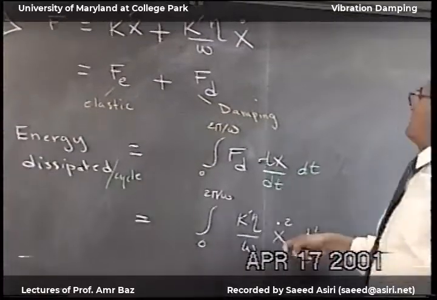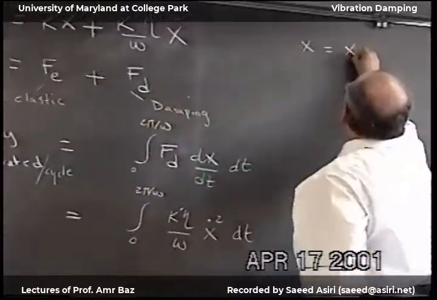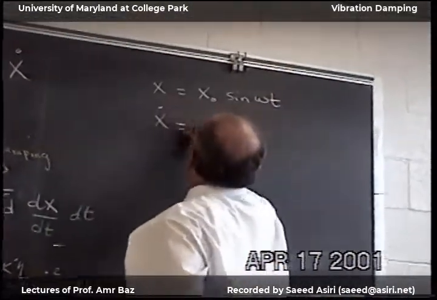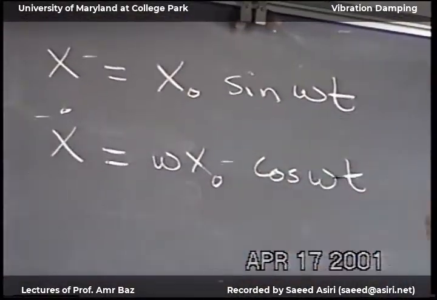Now we have, for example, x is equal to x0 sine omega t, then x dot will be omega x0 cosine omega t.